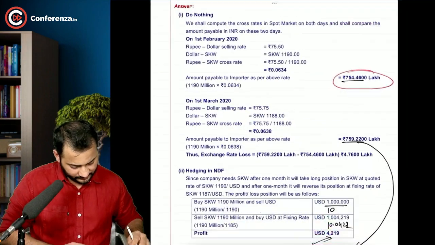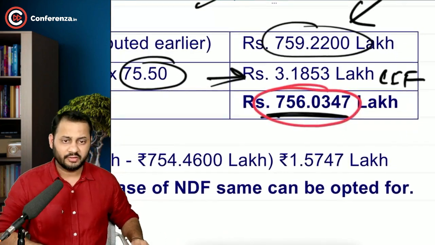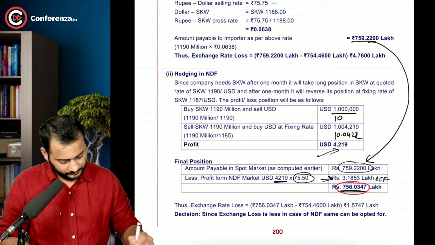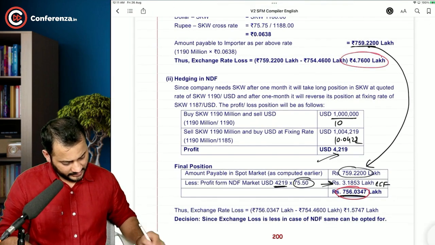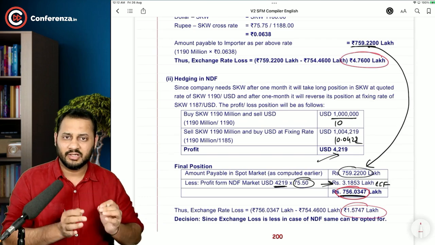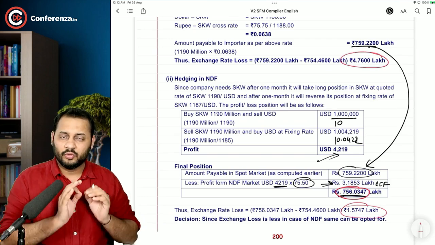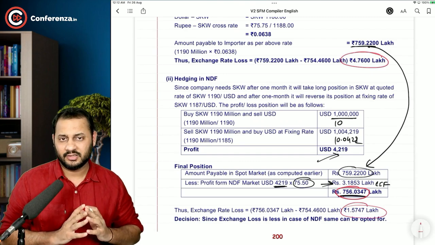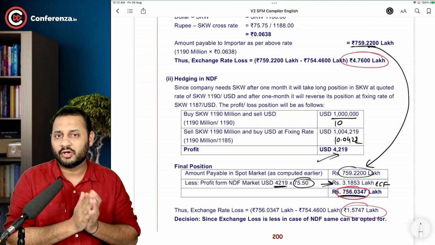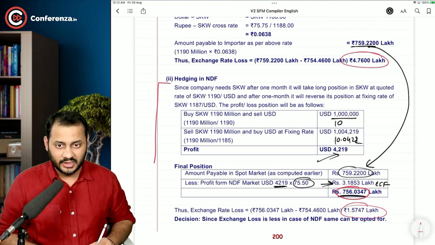1.5739, right? Let's just find out. 1.5747, rounding off differences. So this and this, which option will you opt for? Obviously NDF is giving me a profit. If the only thing that the question wants to ask is whether we should go for NDF or not, then this much of the calculation is enough.